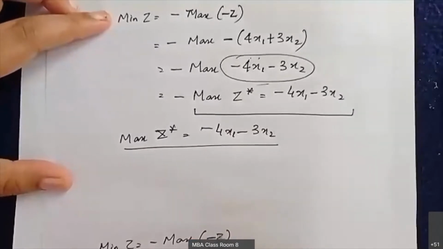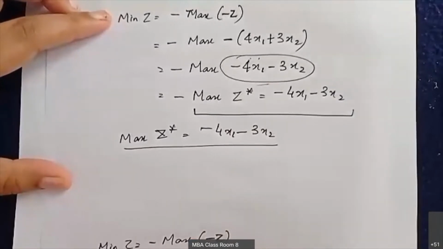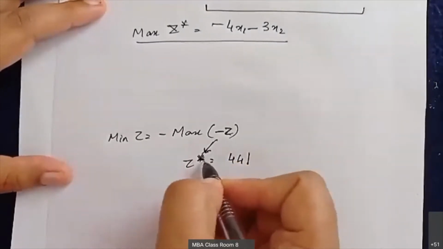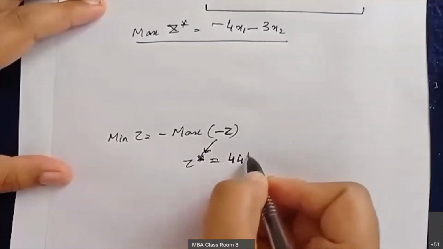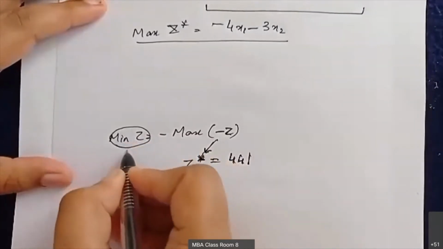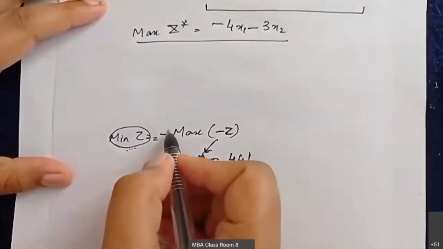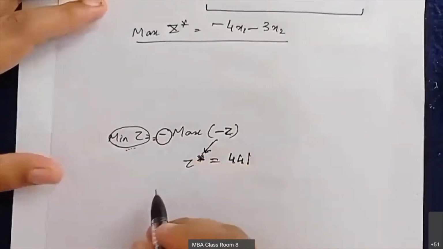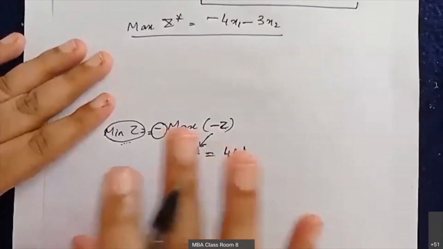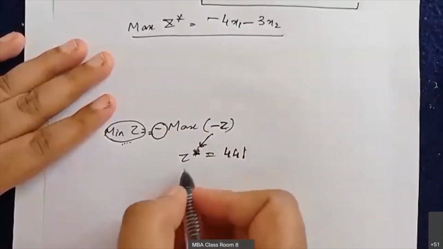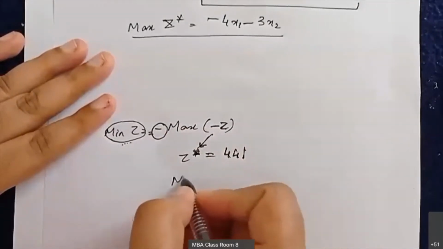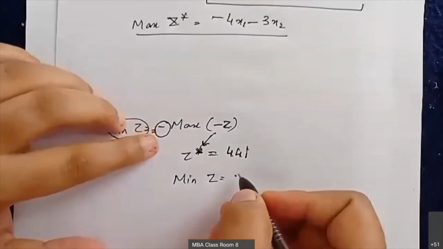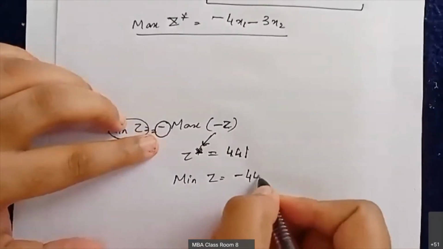Instead of this minus z, we already have the z star, which is equal to 441. So to get back this minimization value, we need to again multiply by this minus sign, because in effect it has to be normalized. So it becomes minimize z is equal to minus 441.